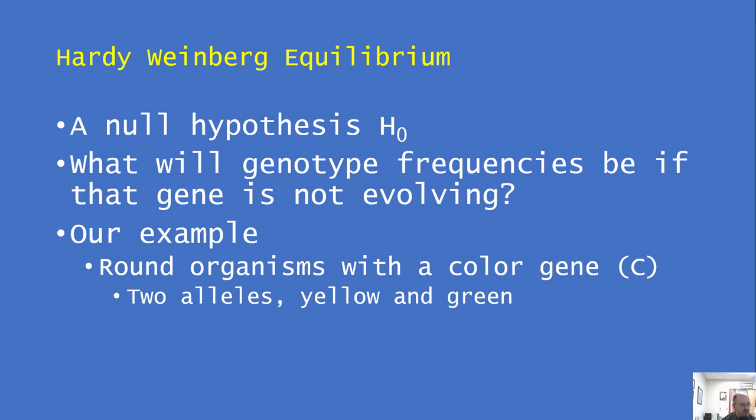And so what we can do is we can look at a population of organisms and begin to calculate this out to see if that population is evolving. So basically what you do is you calculate what genotype frequencies would be if that allele frequency or that gene is not changing, and you compare that to your null hypothesis. The null hypothesis states things won't change. You look to see if there was change. If there was change, then evolution is happening.